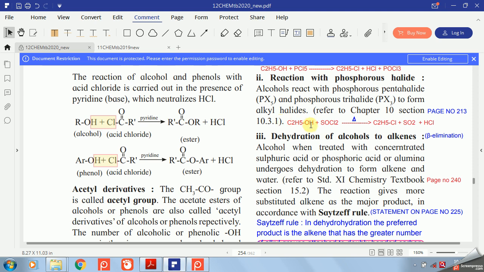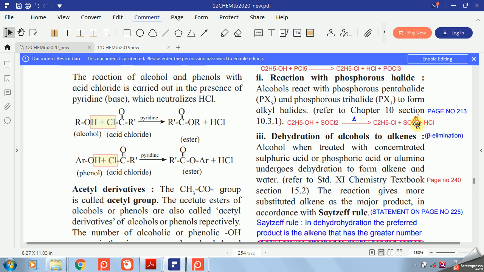phosphorus halide. The best reagent is SOCl2, thionyl chloride, and for this you have to heat the mixture or reflux, and the byproducts are SO2 and HCl, and they are in gaseous state.